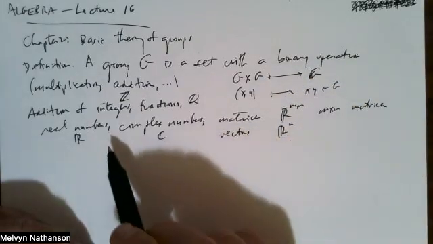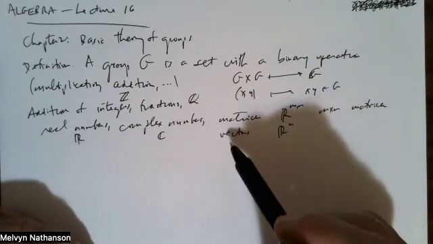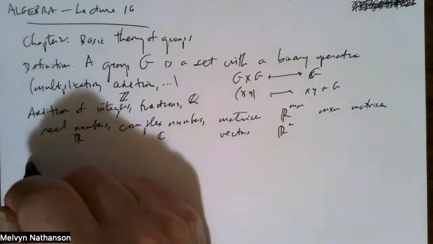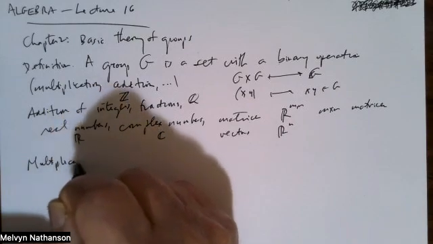So addition of numbers, vectors, matrices, these are all examples of a group operation, a binary operation in a group.